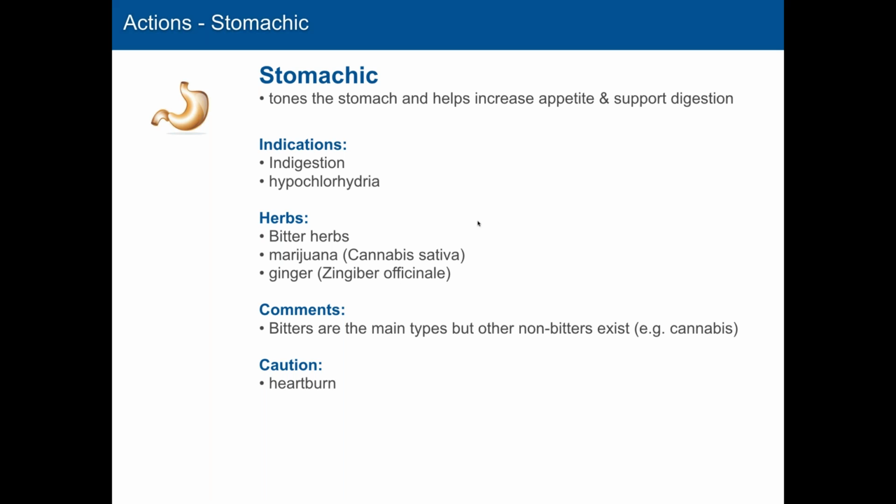That may be that it's working through serotonin receptors, through some of the essential oils. But some herbalists will refer to it as a pungent bitter. It's not a true bitter because it has that pungent, that warm, the heat associated with ginger, but it definitely has a stomachic effect and does improve digestion. So ginger can have a similar effect as some of these other digestive bitters we talked about, even though it doesn't have those bitter constituents in it.